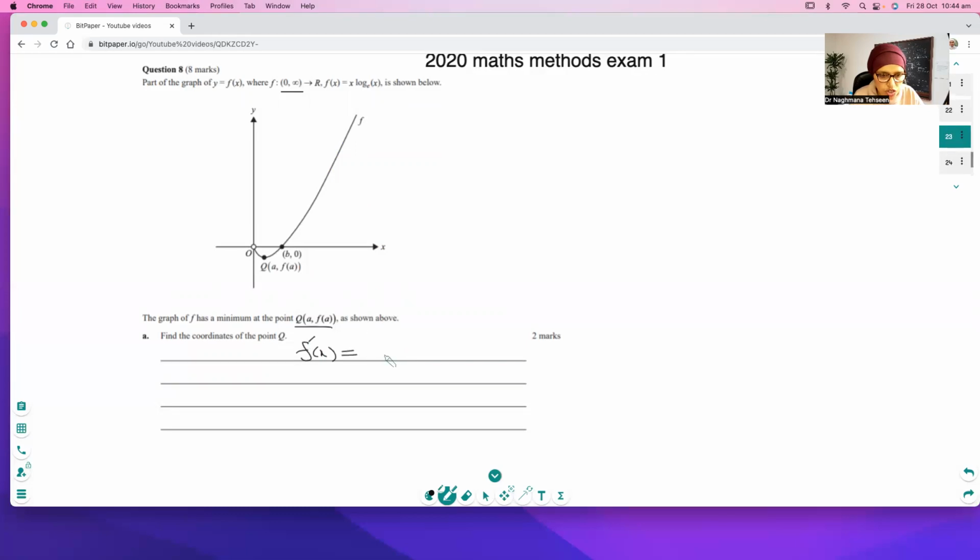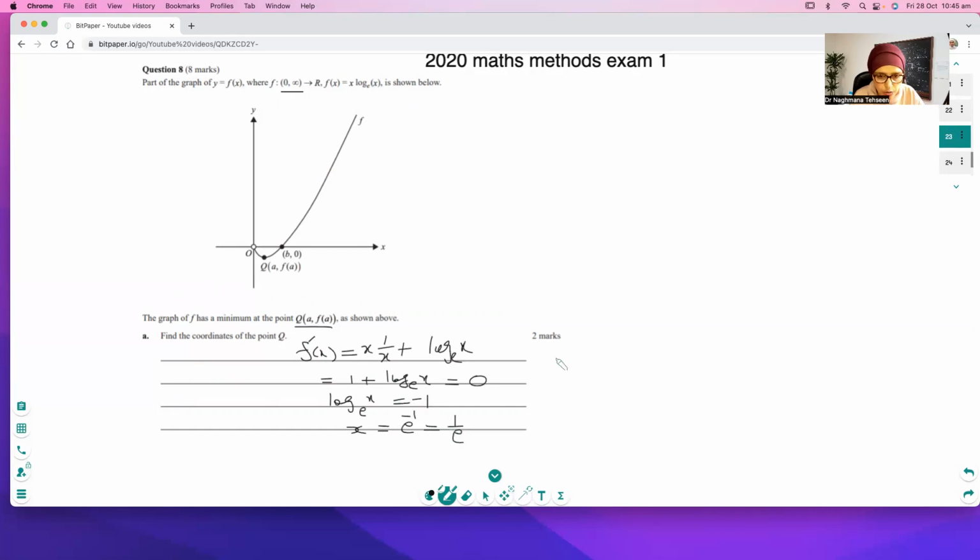So we're going to differentiate it. We get x times 1 over x plus log e x, which gives me 1 plus log e x is equal to 0. And that will give me log e x is equal to negative 1. That means x is equal to e to the power negative 1, right? So that is equal to 1 over e.